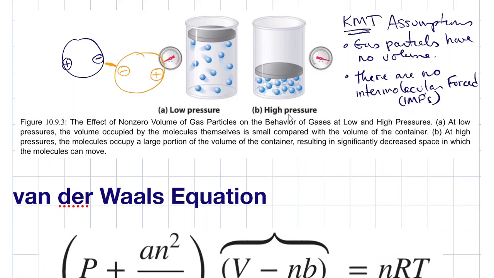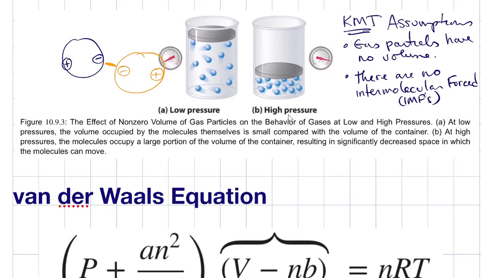If you have a negative and a positive object and they're very far from each other, they don't really attract each other very much. But if you bring the negative and positive particle close to each other, then the attractive force gets much stronger. So under high pressure, the particles are brought close enough together that their intermolecular forces are no longer negligible.